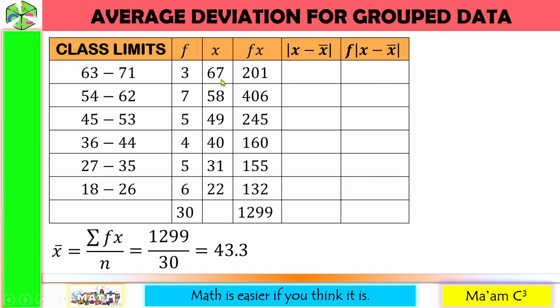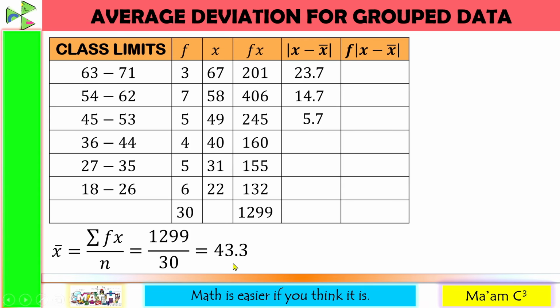Our x is 67 and our x bar, the mean, is 43.3. 67 minus 43.3 is 23.7. 58 minus 43.3 is 14.7. 49 minus 43.3 is 5.7.